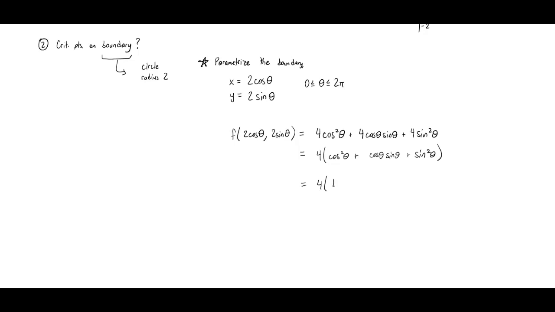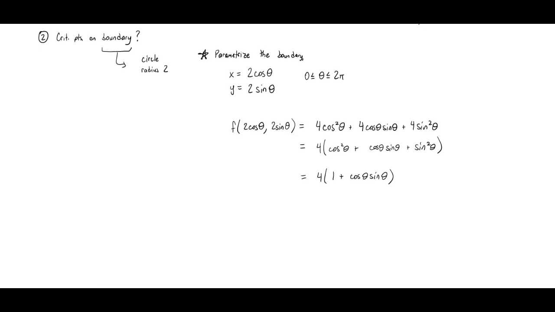So we just have 1 plus cosine theta sine theta, okay? All right, so what I have here is a function of just one variable. I'll call it g of theta. I just want to give it a name, all right? But this is essentially what our function looks like when I restrict to the boundary. What we want to do now is compute the derivative of this function to find a possible max and min on the boundary.